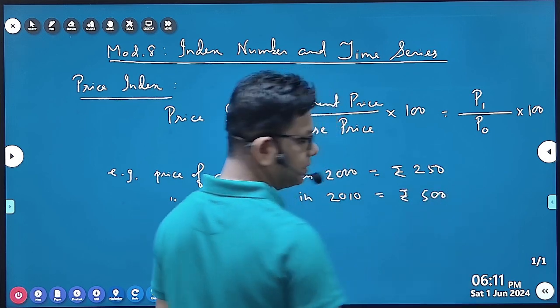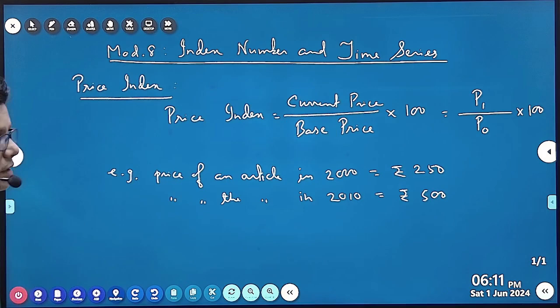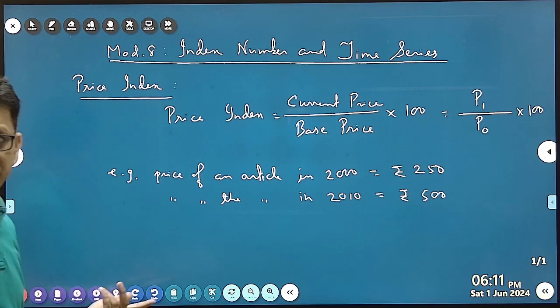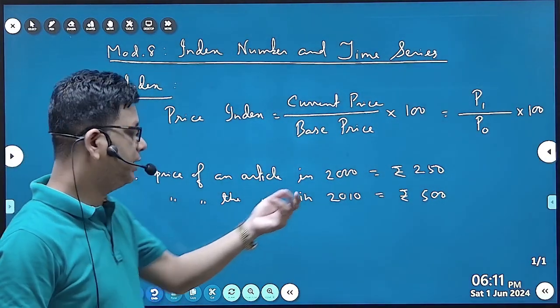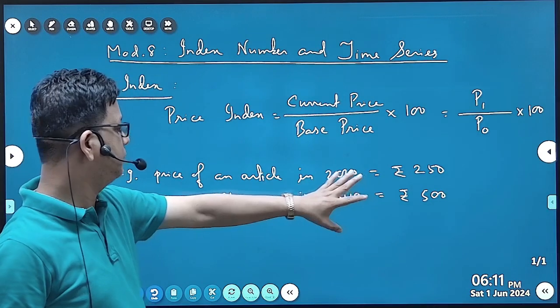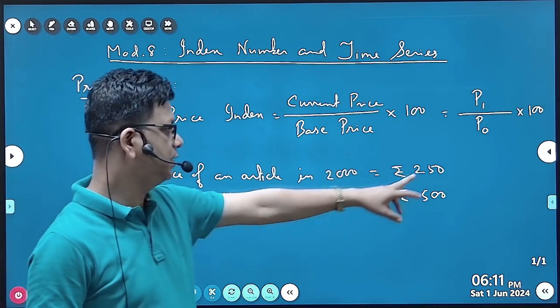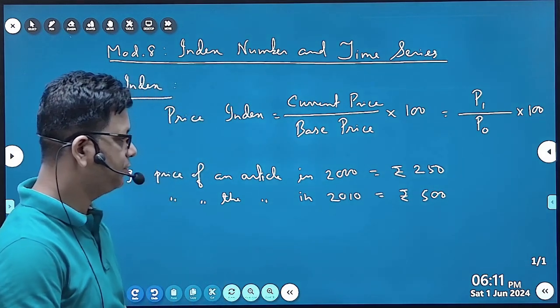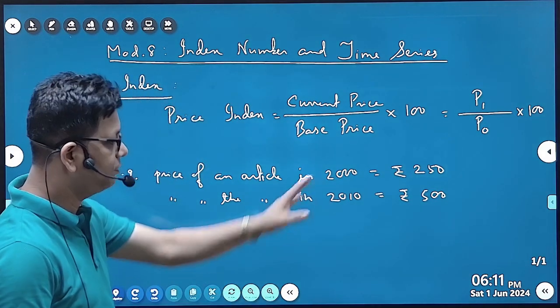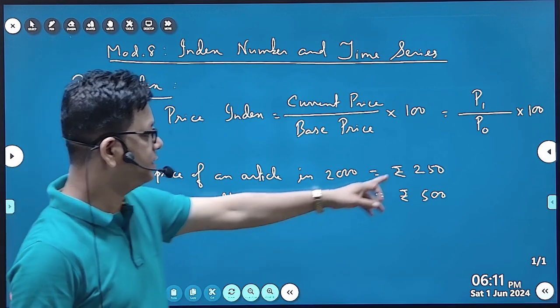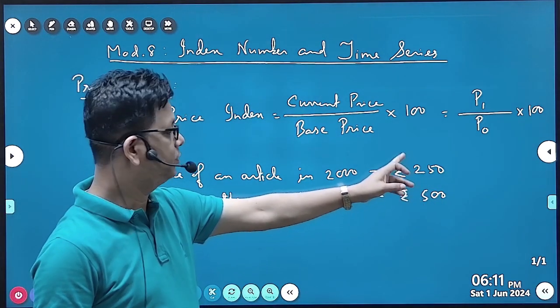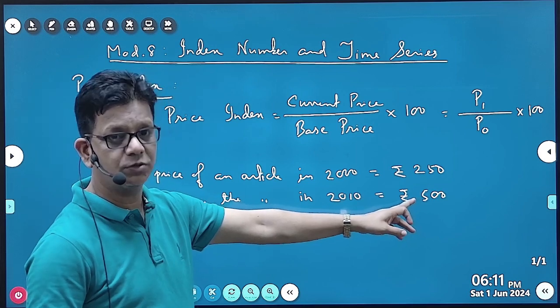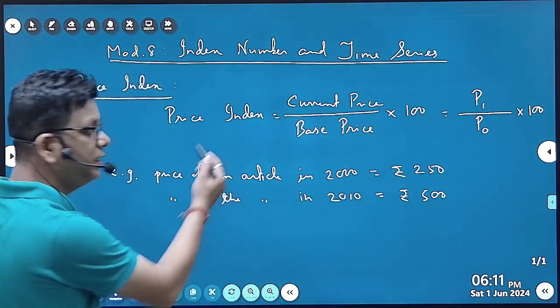I'm trying an easy example. Now see how much hike took place. Suppose share market, if you have heard of. Initially when a share was bought, the price was 250 rupees. In 2010 it became 500 rupees. That means the price increased 2 times.